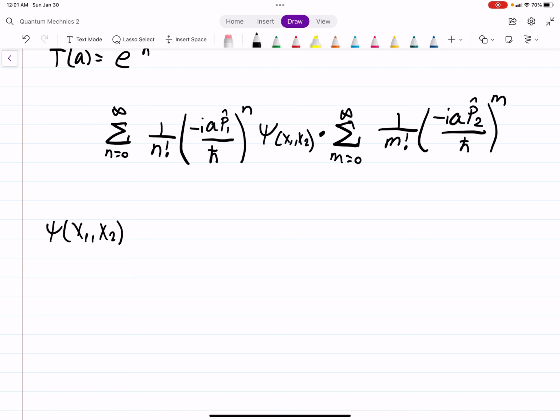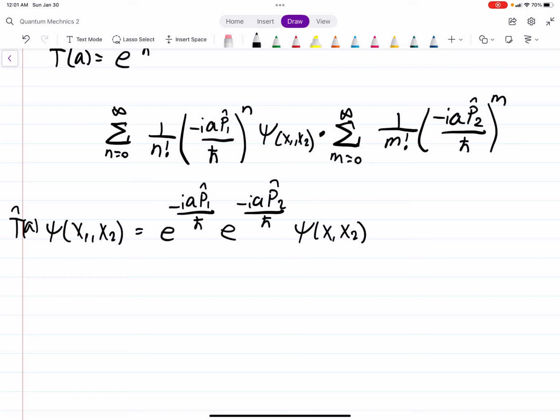And we had our translation operator acting on this, is equal to e to the minus i a p1 over h bar times e to the minus i a p2 over h bar, and then our wave function.